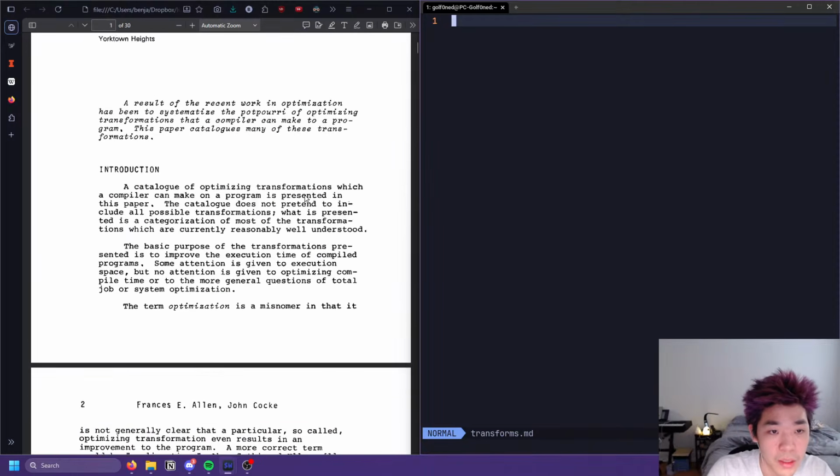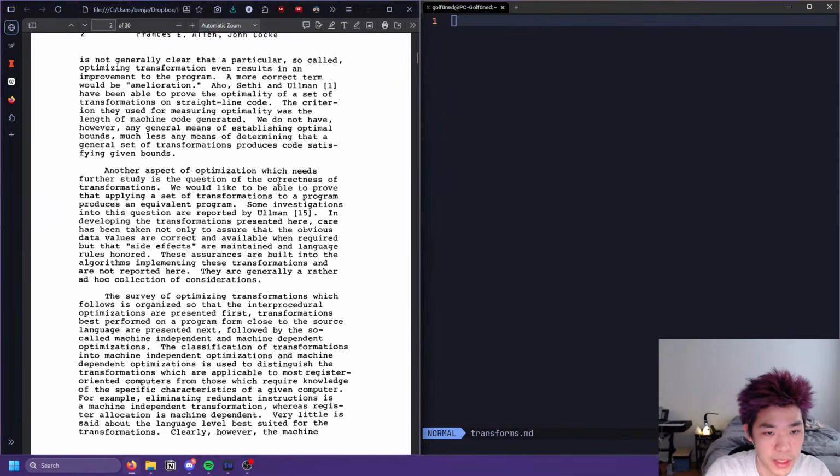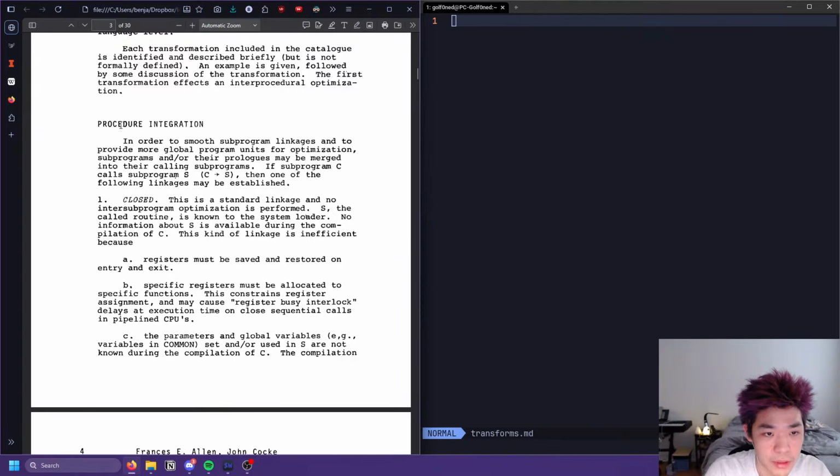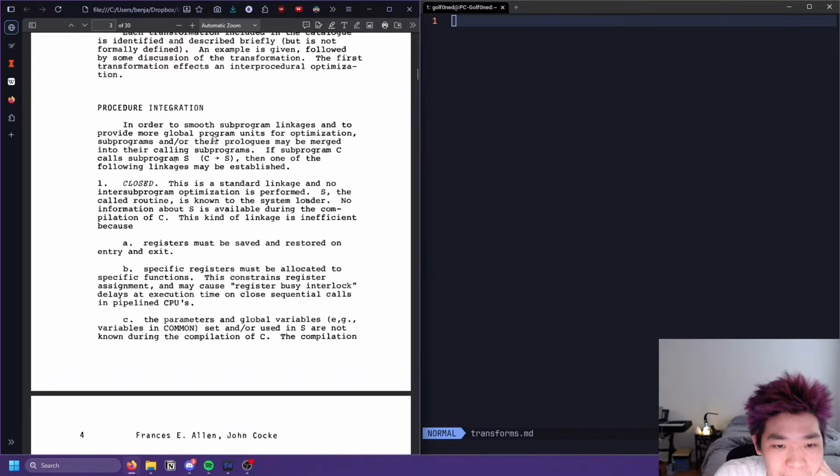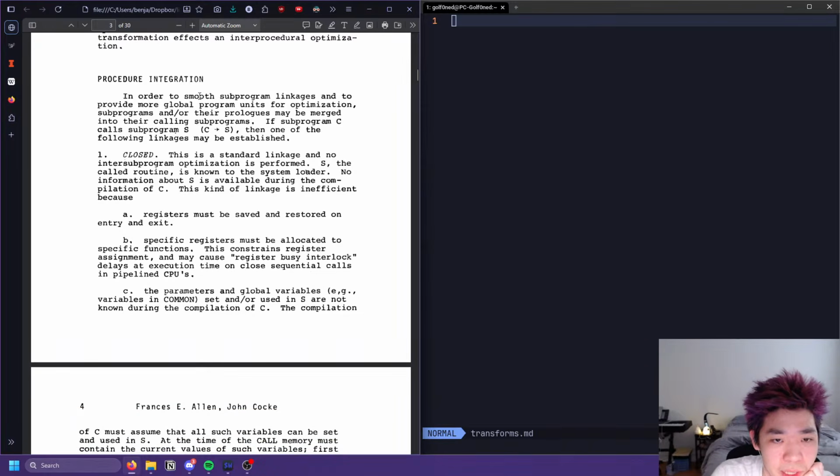Okay. Let's take a closer look. So procedure integration. This looks like it's just talking about linking. Oh my god. Okay, this PDF is poorly formatted, which is unfortunate. Subprograms and/or their prologues may be merged into their... Oh, is this talking about inlining, actually?